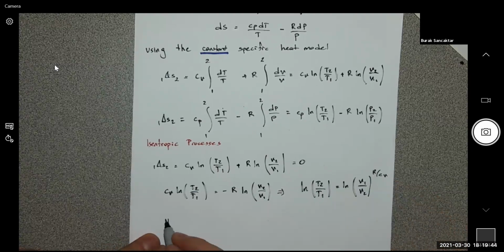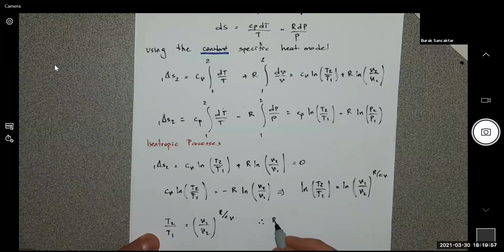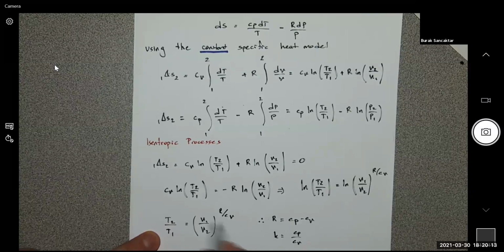Or T2 over T1 equals V1 over V2 to the power of R over Cv. I know R is the difference between Cp and Cv, and I also know the specific heat ratio k is Cp over Cv. If I substitute these back in here, what I have is T1 V1 to the power of k minus 1 equals T2 V2 to the power of k minus 1.